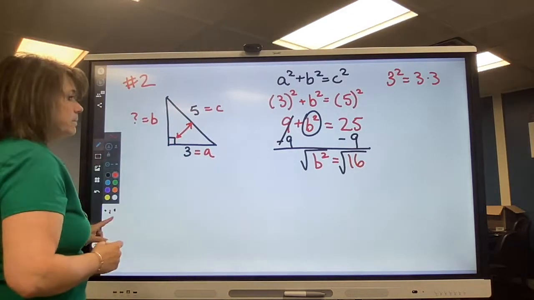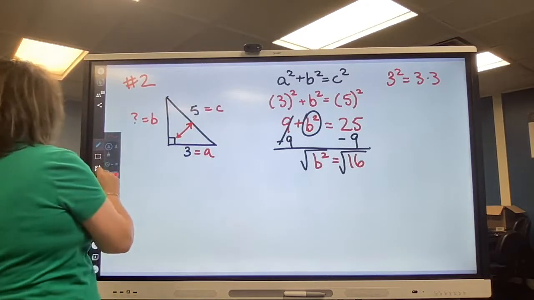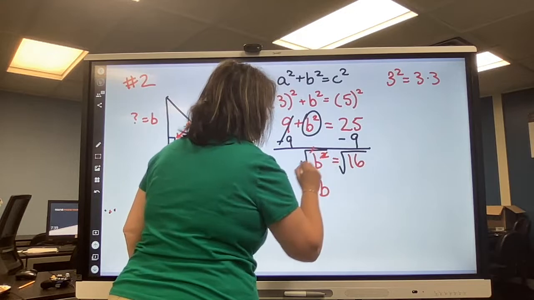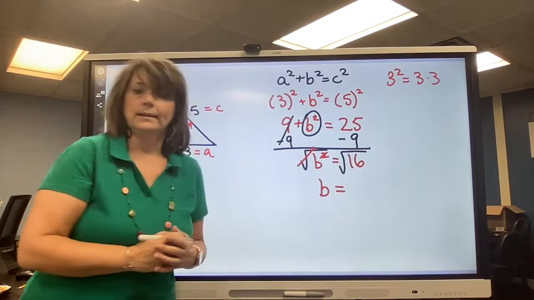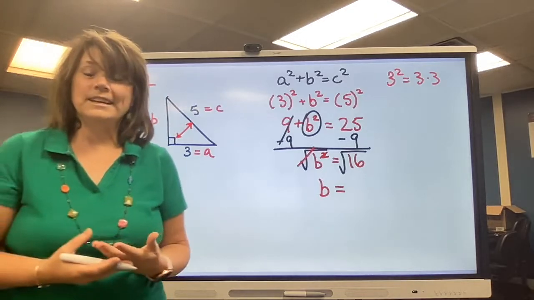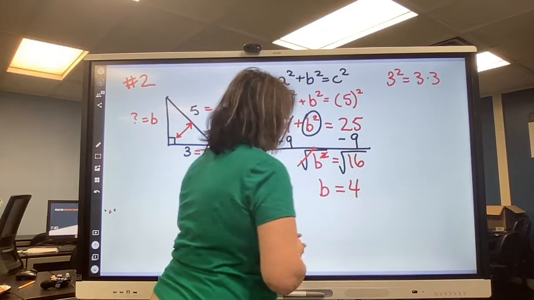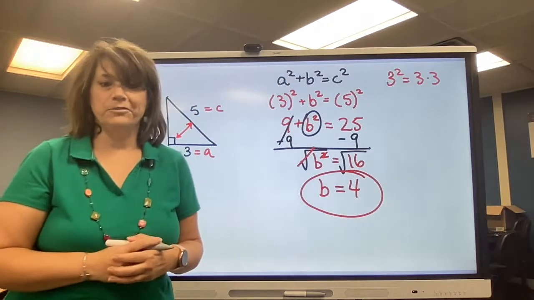So now we have b, because our squared cancels with our square root, equals the square root of 16. The square root of 16 is a perfect square. We know that that is 4. So we have found that our side length b is the value of 4.